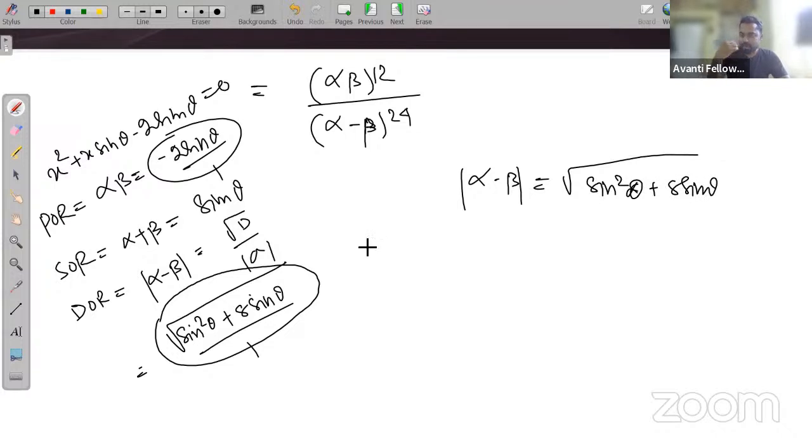If I ask you to open the modulus, alpha minus beta will be, you need to take the square now. So this will be sine square theta plus 8 sine theta.